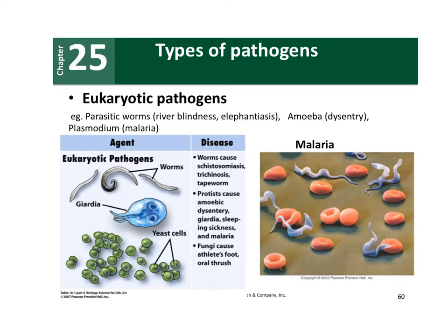You have single-celled eukaryotic pathogens like amoeba that cause dysentery, Giardia, yeast cells, trichinosis for multicellular, and then protozoa, dysentery, sleeping sickness, and then malaria. And then fungi cause athlete's foot and thrush in your mouth. So these are eukaryotic pathogens, not bacteria or viruses.